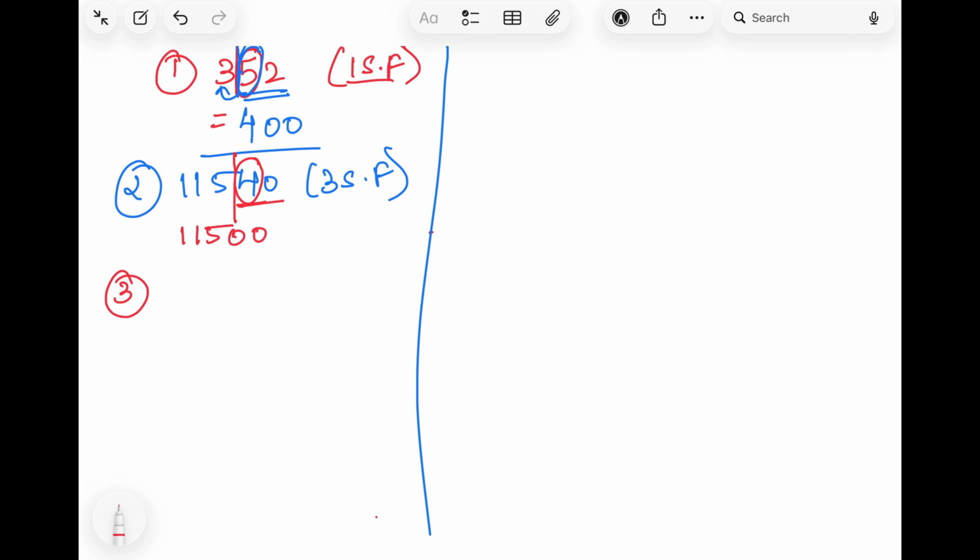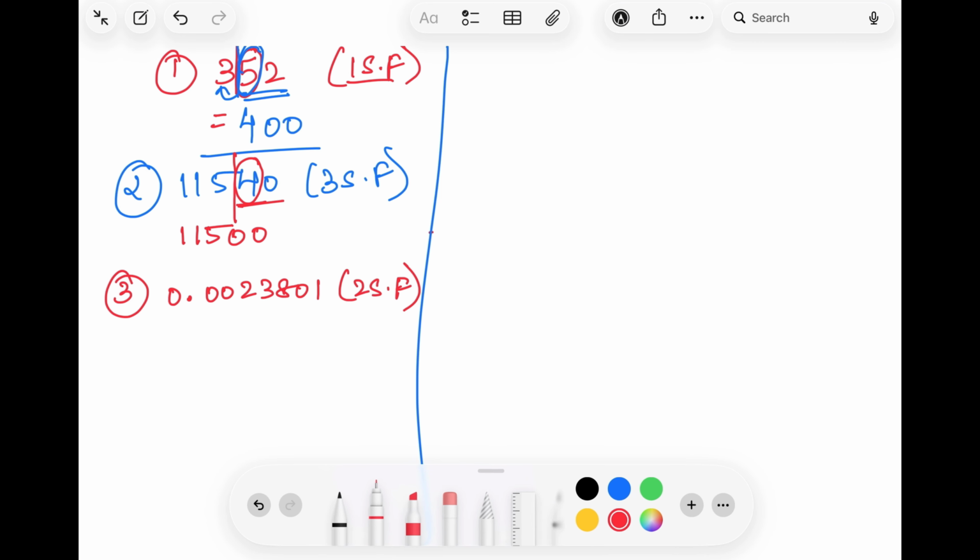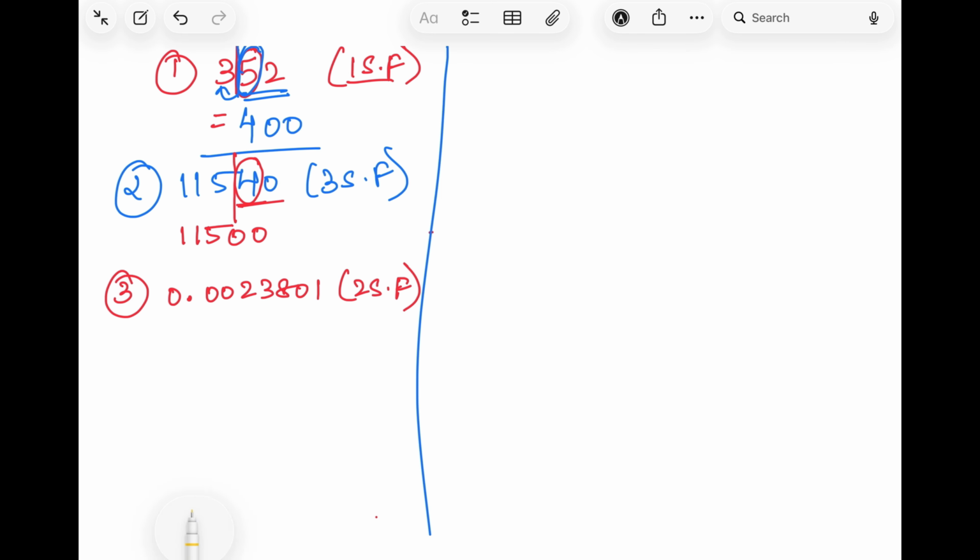Now let's take up a number with a decimal point, 0.0023801. Now we need to round it off up to 2 significant figures. As I told you, leading zeros are not significant, so we will not call them significant numbers. So significant numbers start from 2. This is the first one, this is the second one.